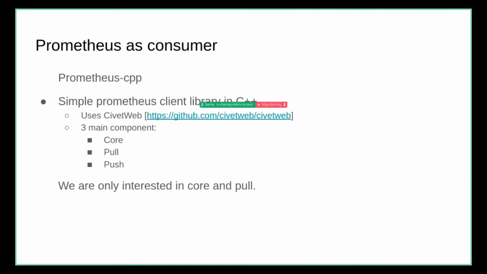Core is responsible for all the instrumentation and how to expose metrics. The pull component is used wherever you want metrics to be pulled from a particular endpoint, such as in our case Prometheus. That's why we will only be interested in these two components.